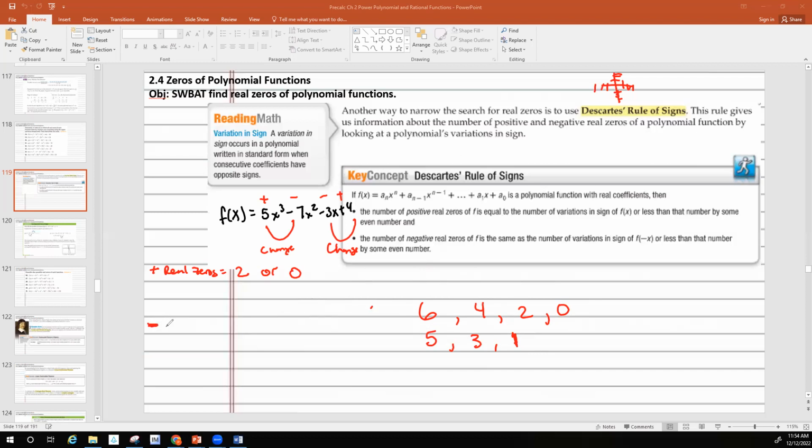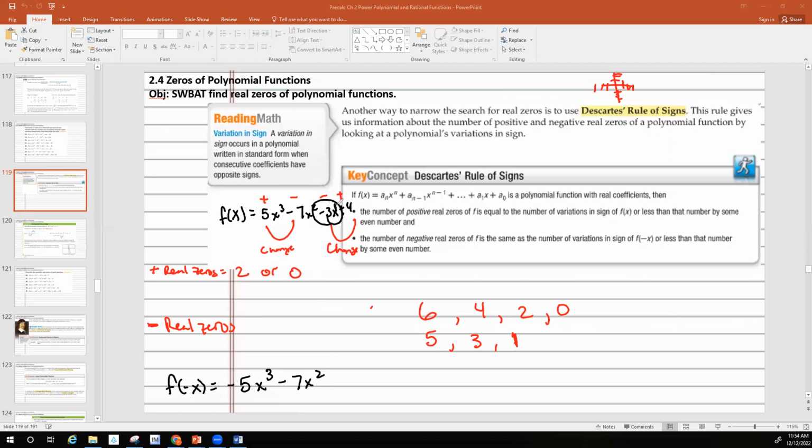Now, for the negative real zeros, you want to look at f of negative x. If we use that same one, the sign changes whenever you have an odd exponent. So here this is going to become negative 5x cubed. This one is an even exponent, so the sign doesn't change. So it stays negative 7x squared.